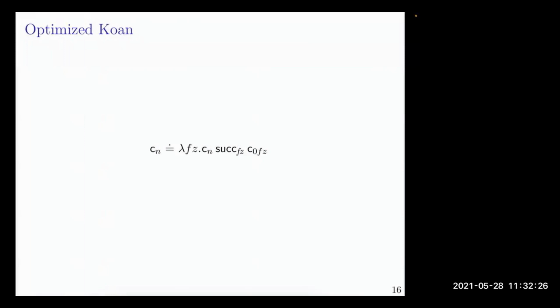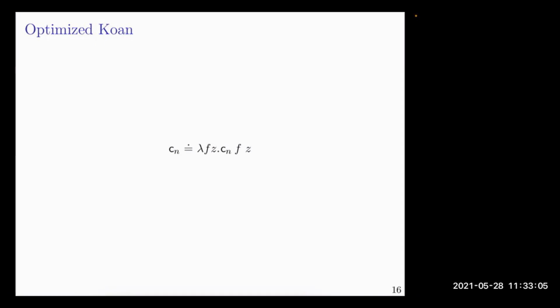So we can write this expression in this form, where instead of successor and C0, we use different expressions with subscript FZ, which use F and Z as parameters, as free variables. And it's easy to see what those successor and Z should be. Successor is just F, and C0 is Z. Again, there should be no doubt about the truth of this expression, right?